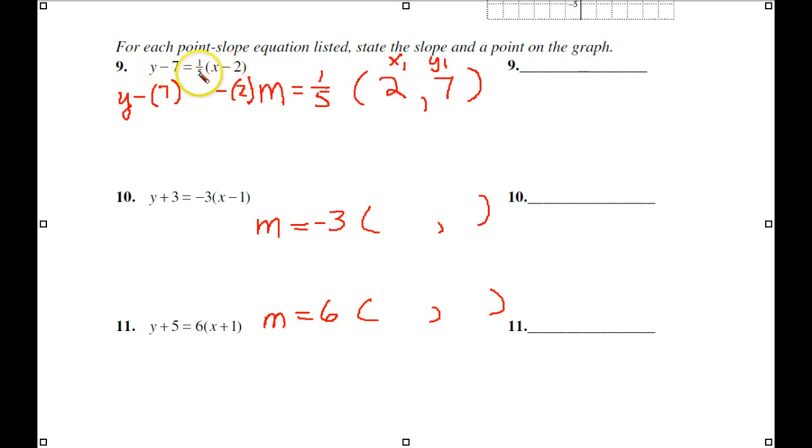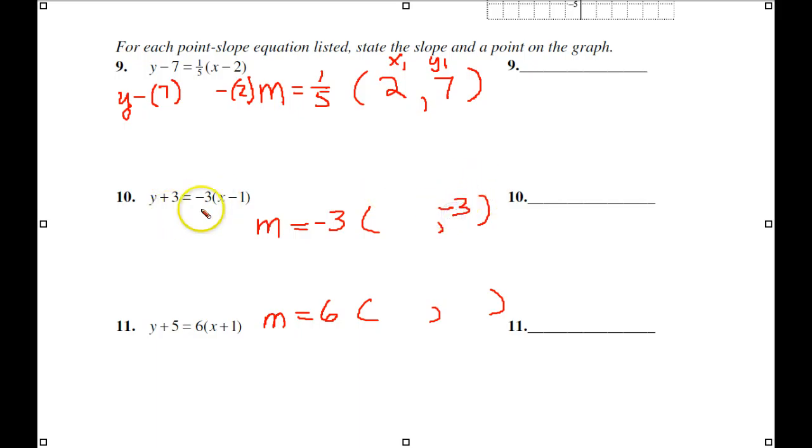So a little shortcut, if you see it in this form, to find out what was the point that they're using, it's opposite signs. So if this is negative 7, it was a 7. If this were negative 2, it was a 2. So this is going to be a negative 3.